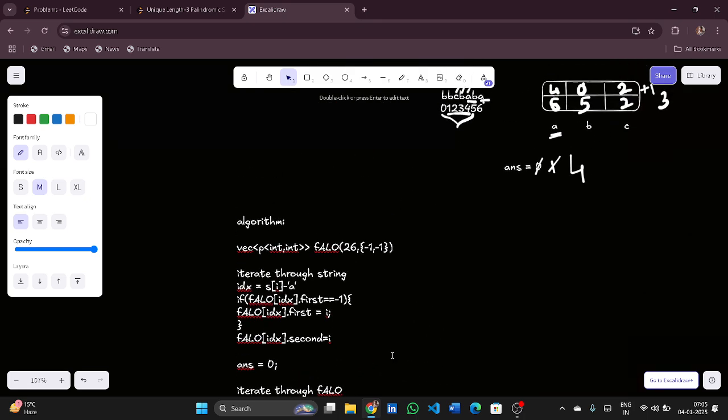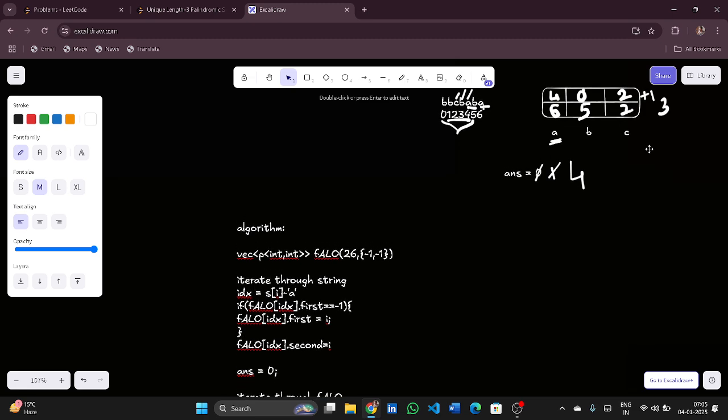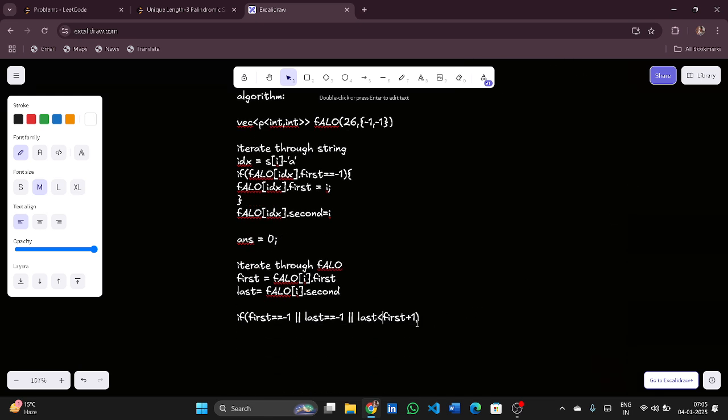You can also write it as, as I said, first plus 1 should be less than last, and here it should be and.